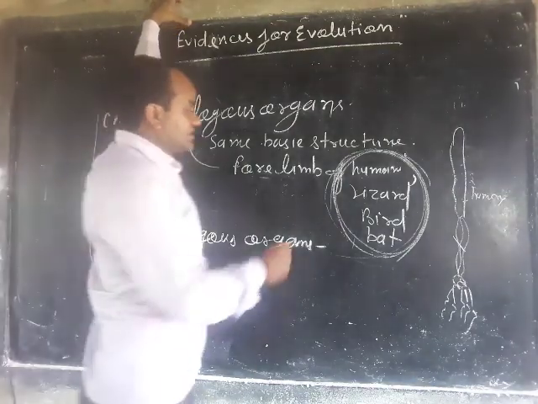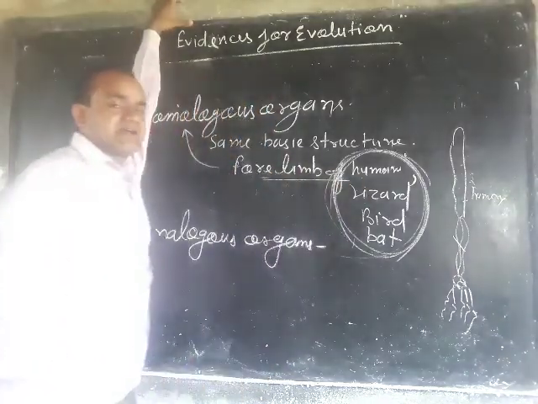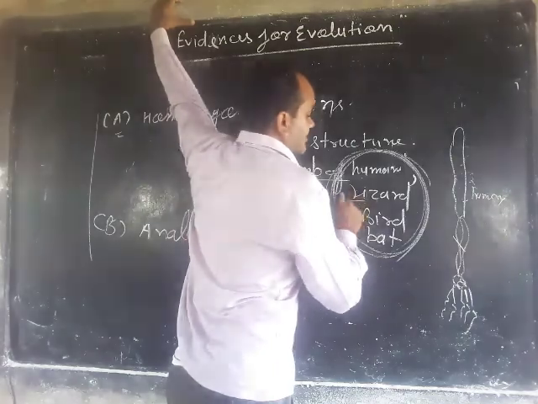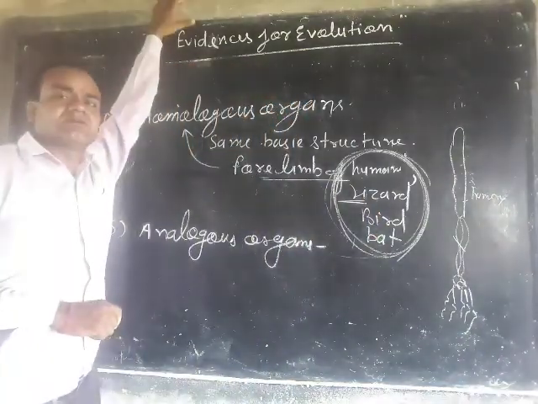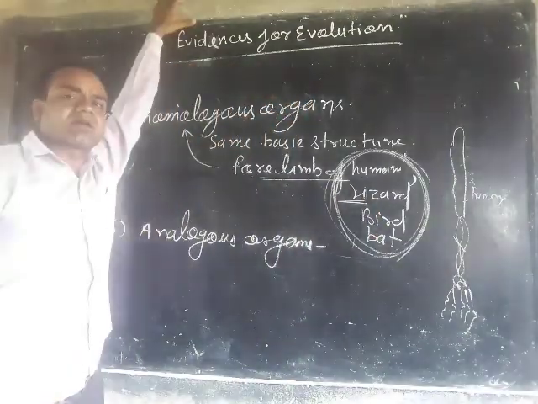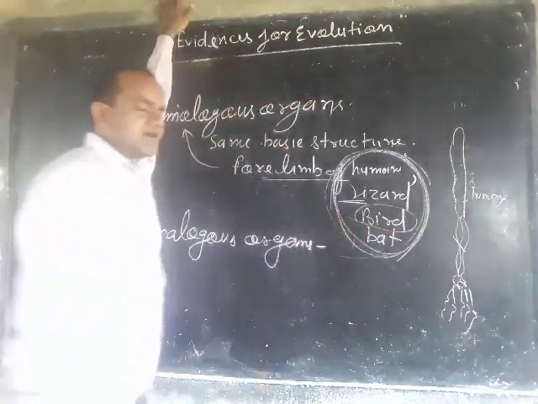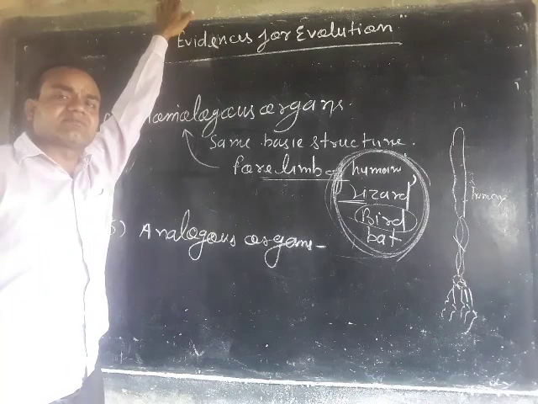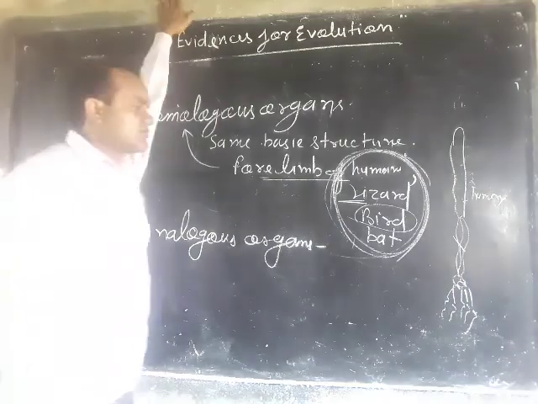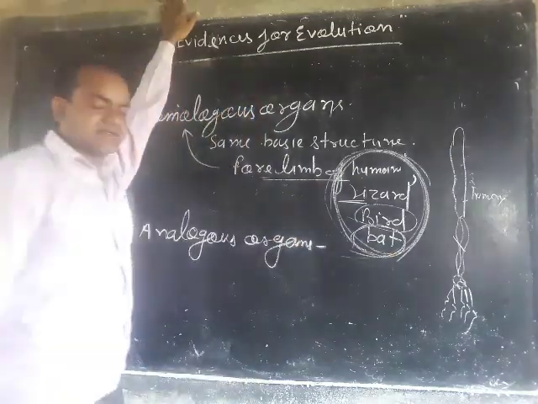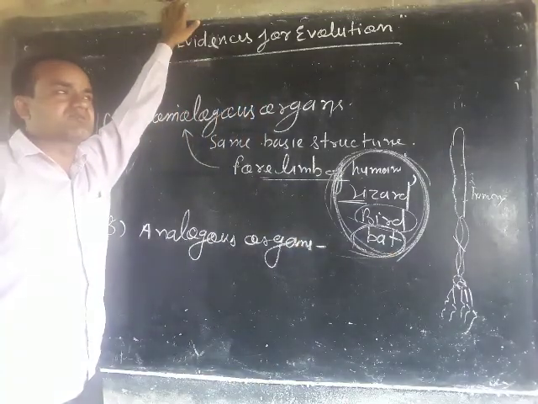What is the function of the human forelimb? We can say grasping. What is the function of the forelimb of a lizard? You can say running or crawling. What is the function of the bird's? Flying. And the bat's? Also flying.